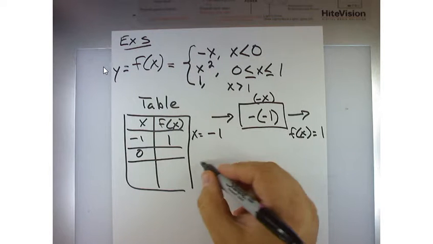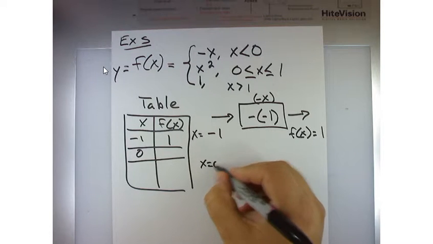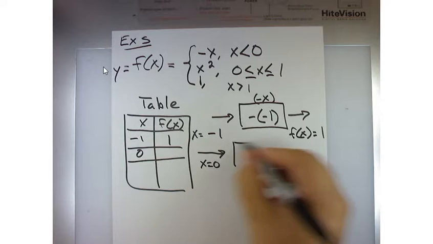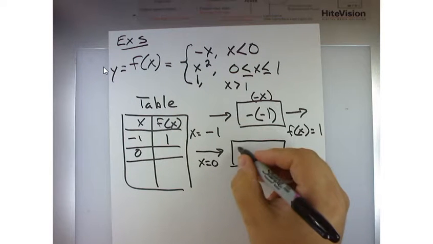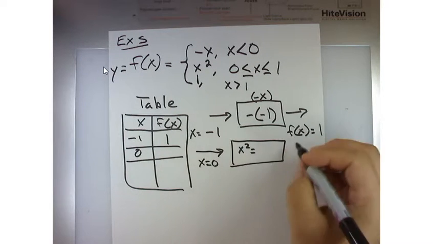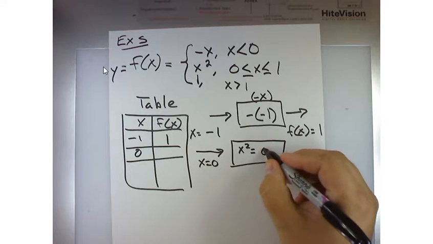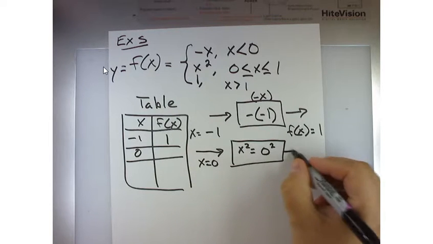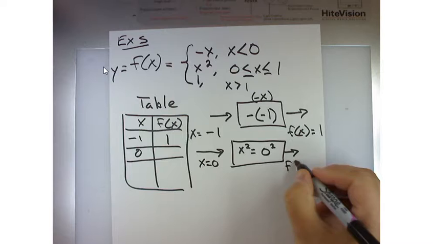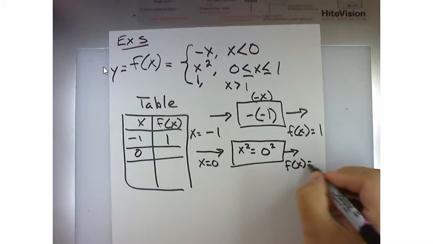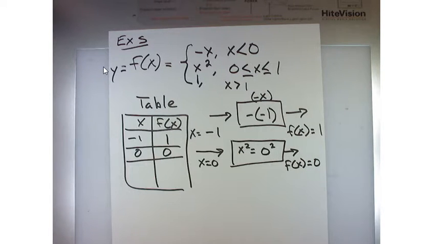So if I let x equal 0, then the expression that I'm going to use is x squared, which is equal to 0 squared, which is equal to 0. Okay? Does that make sense?